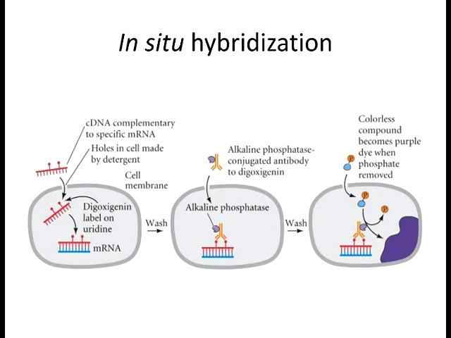Okay, another way which we can look at where the RNA is found, another localization of RNA, is called in situ hybridization. Now, there are huge advantages to in situ hybridization over northern blotting or a microarray, because in situ means that we can actually look at where the RNA is expressed in the whole embryo.